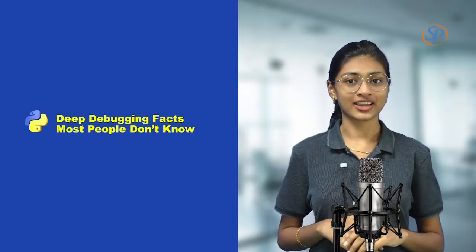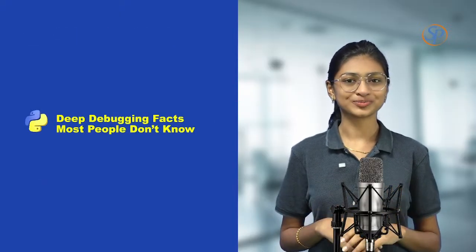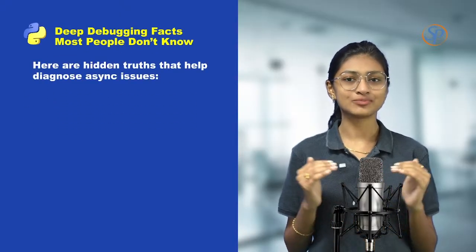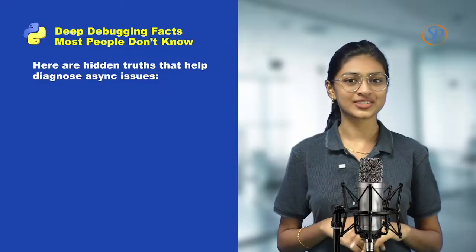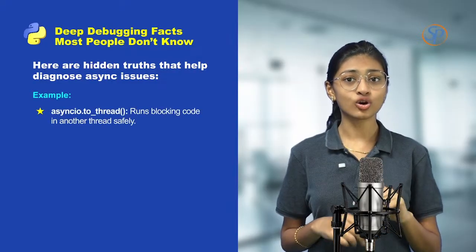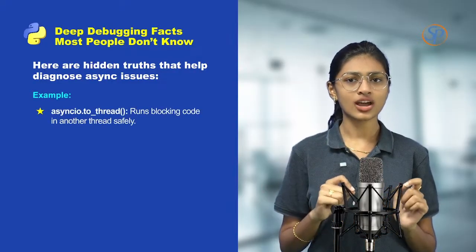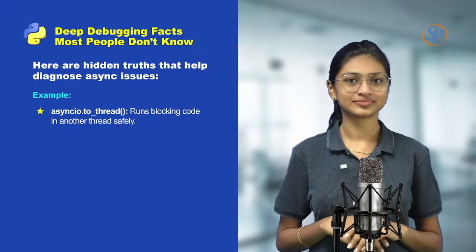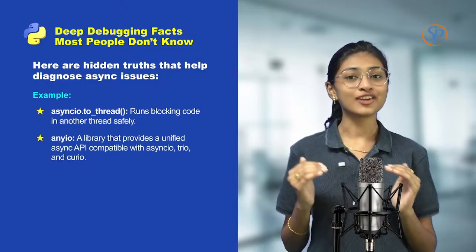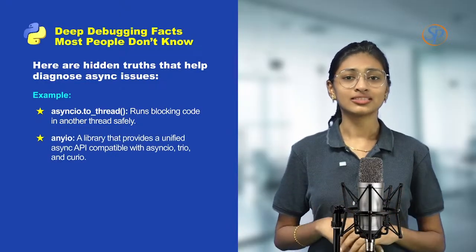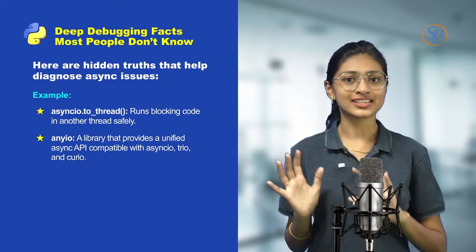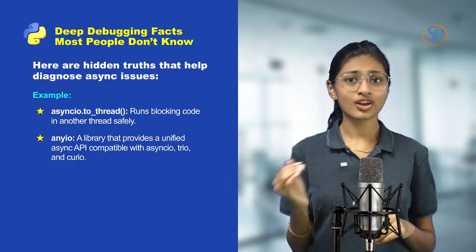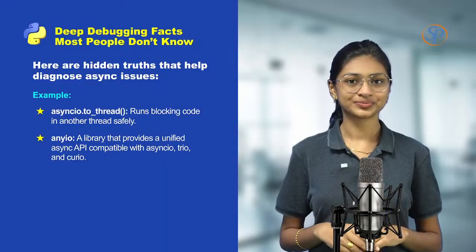Deep debugging facts most people don't know. Here are hidden truths that help diagnose async issues. asyncio.to_thread runs blocking code in another thread safely. AnyIO is a library that provides a unified async API compatible with asyncio, Trio, and Curio.